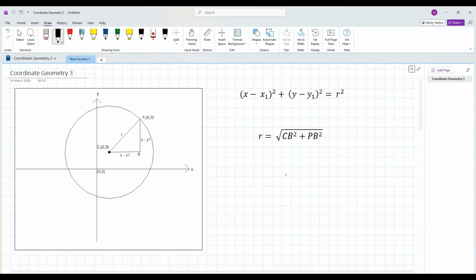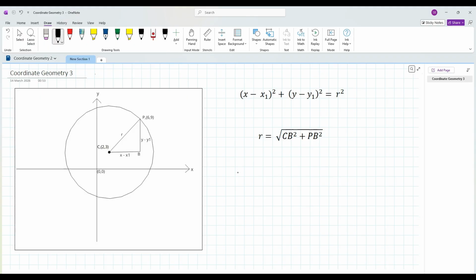Now to our next example. We are given the information on the graph on the left. We are given the centre and the point on the circumference of the circle. So let's find the equation of the circle for this particular example. So if you remember, r equals the square root of CB squared plus PB squared.